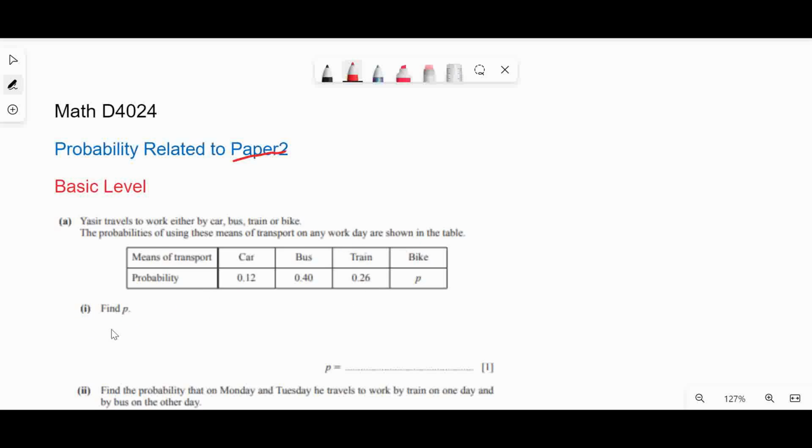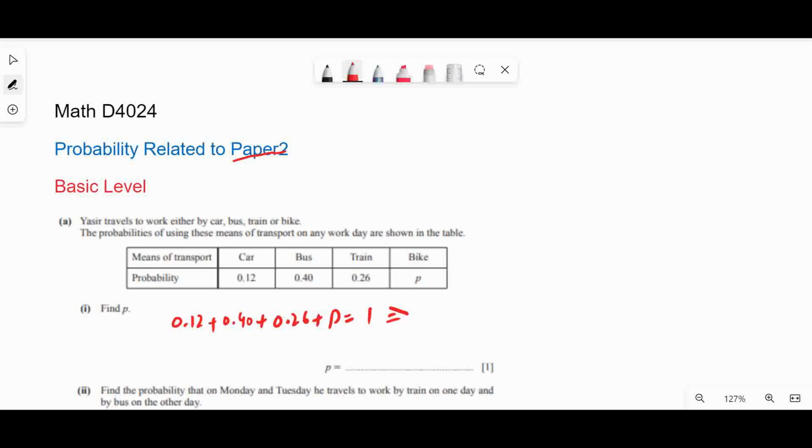First part, find P. Now we know that the sum of the probabilities of all the events must be equal to 1, which means that 0.12 plus 0.40 plus 0.26 plus P is equal to 1.